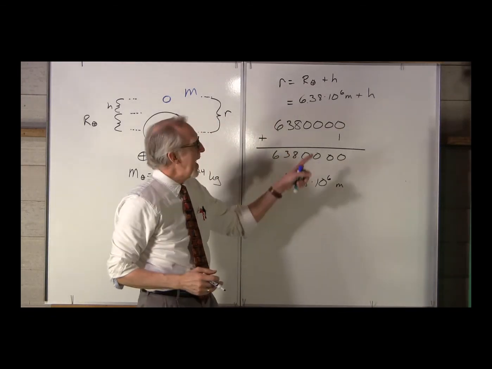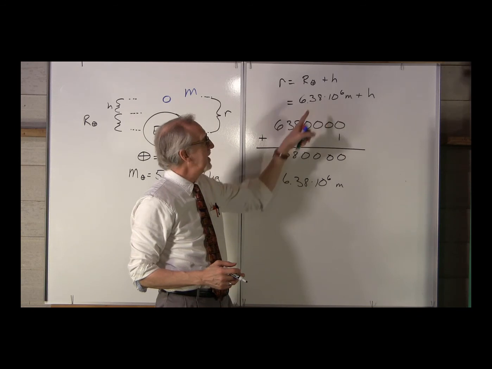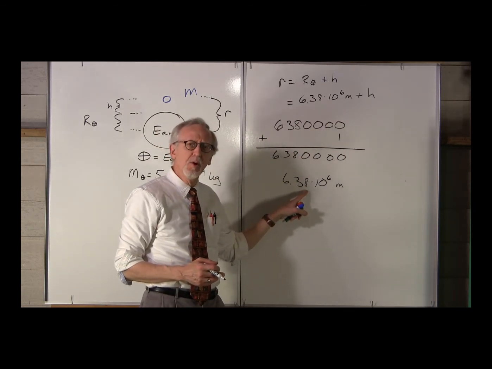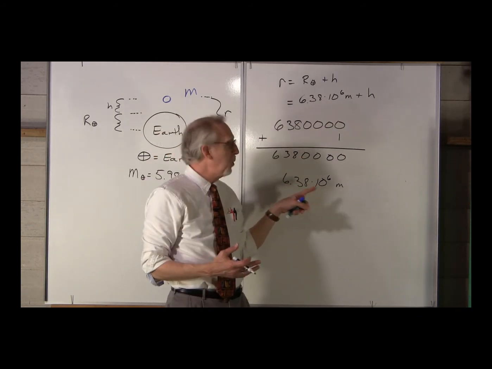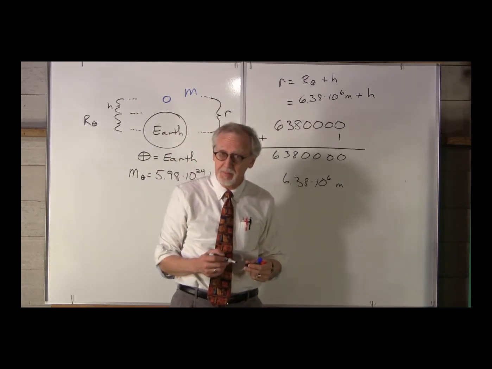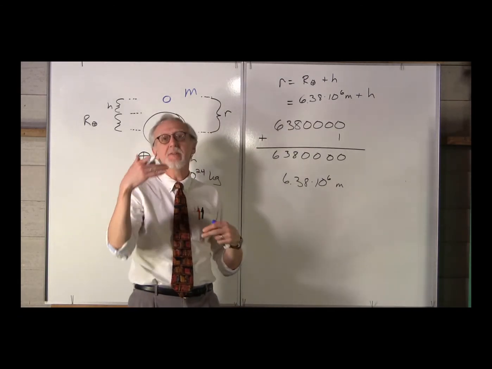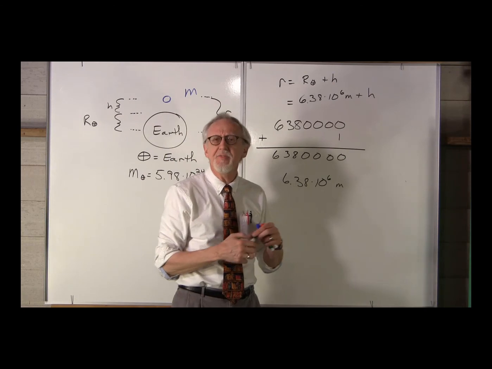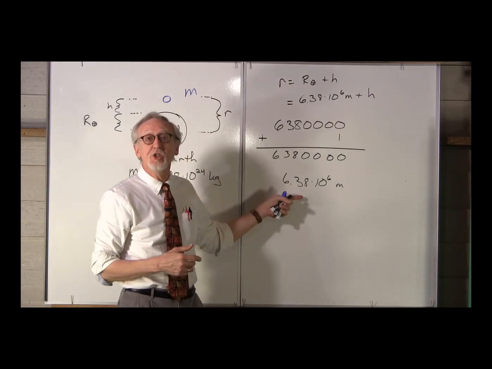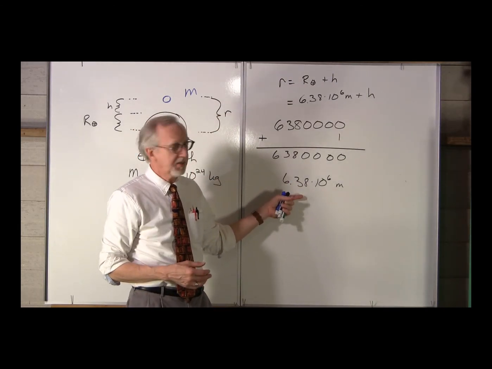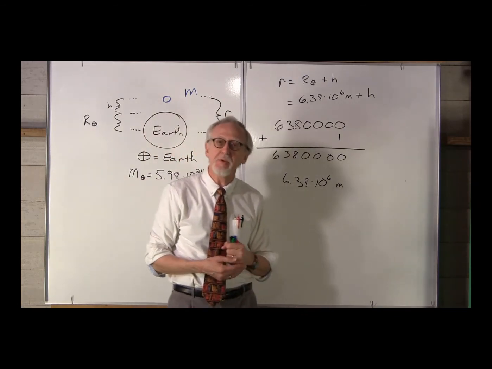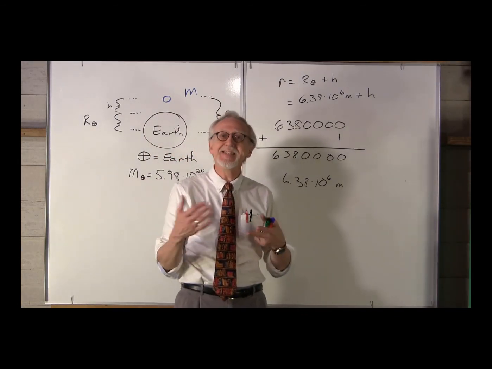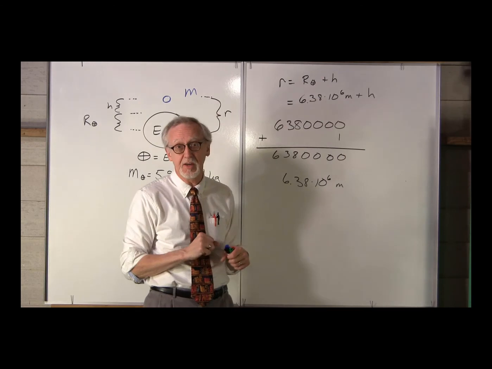Adding 1 to this doesn't change the value significantly enough that we would actually change the way we write it. Obviously, the distance is larger, but to 3 significant figures, we would not change the way we write the distance. It would still be written as 6.38 times 10 to the 6th meters. The distance is the same to 3 sig figs.